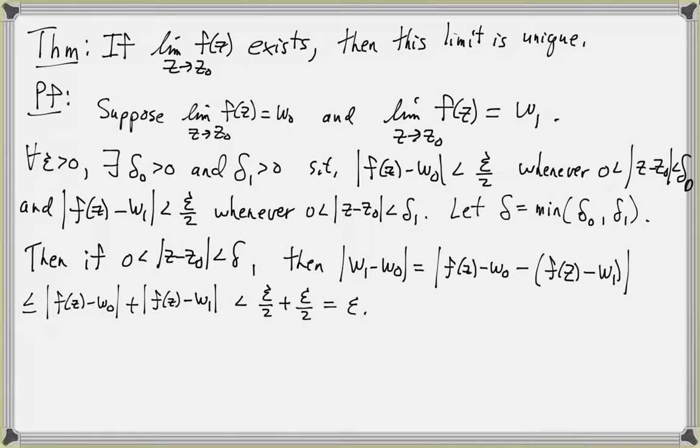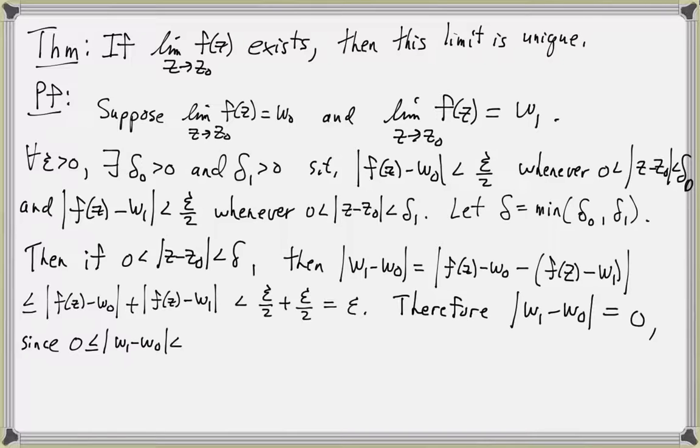So now we see that the distance from w1 to w0 will always be less than epsilon for any arbitrary positive value epsilon. So if a quantity is smaller than every positive number, then that quantity must equal 0. So therefore, the absolute value of w1 minus w0 equals 0, since it's bounded between 0 and epsilon for any positive value of epsilon.